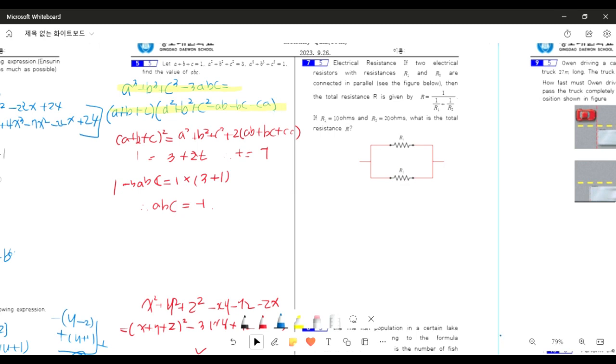So anyway, 1 over 10 plus 1 over 20 equals 3 over 20, so 20 over 3 is the answer. Really easy.